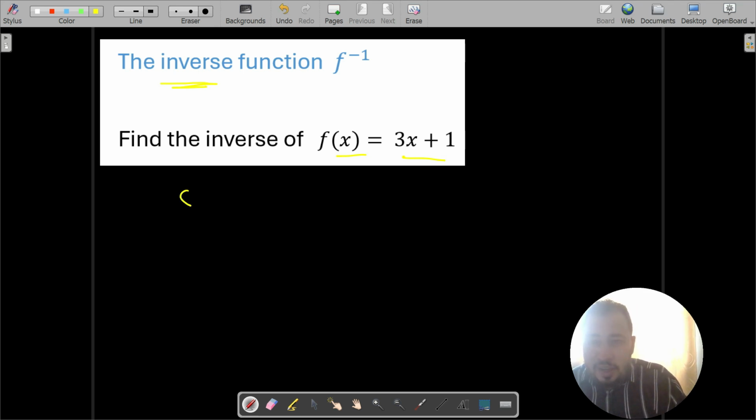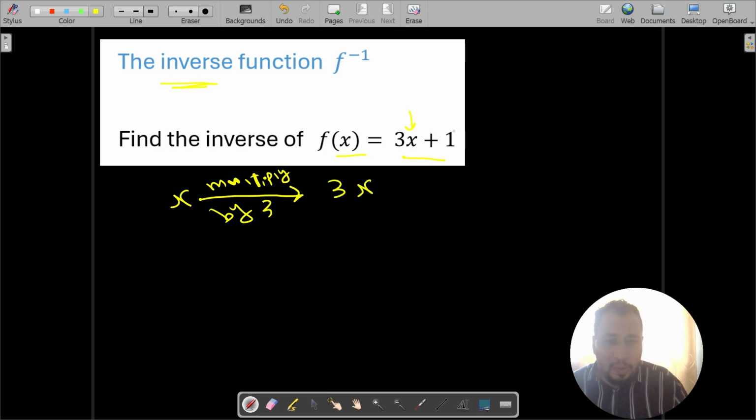So I have here x. My input here is x as usual. What's happening here to this x? It's multiplied by 3. It's going to be 3x. After that, what's happening here? Plus what? Plus 1. So you write here, simply add 1.